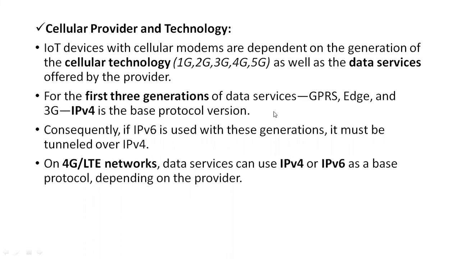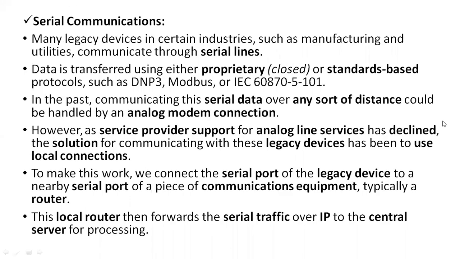Now let me move to the next point, that is serial communication. In serial communication, consider the source and destination as a client and server. Earlier, in serial lines, the serial port of a particular device was directly connected to the serial port of a server. But now the service providers have stopped providing this service.